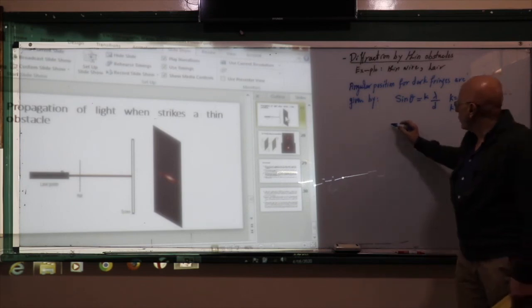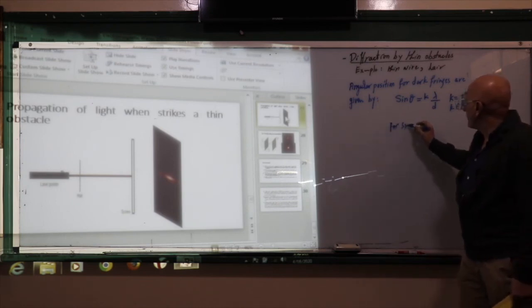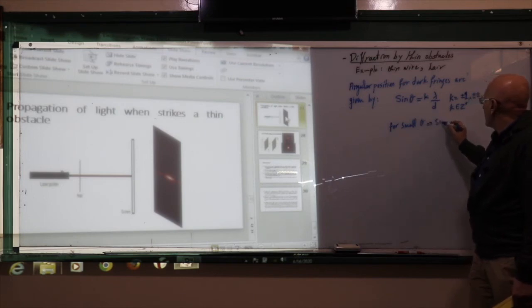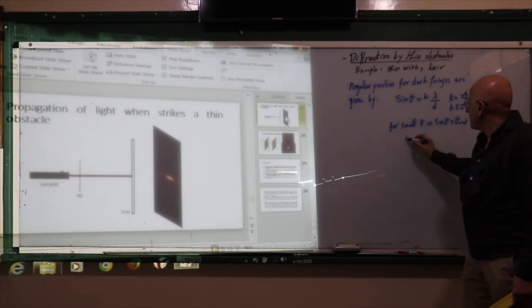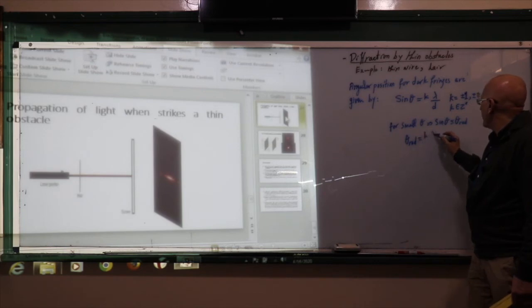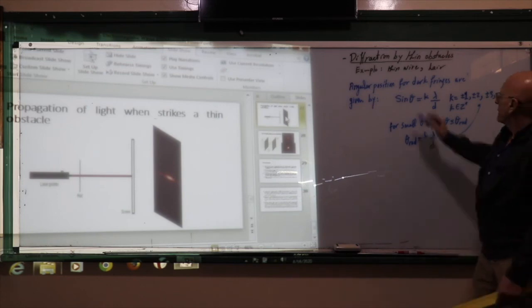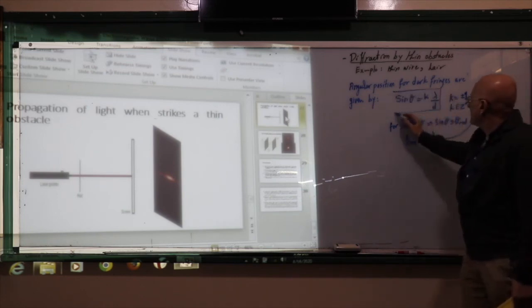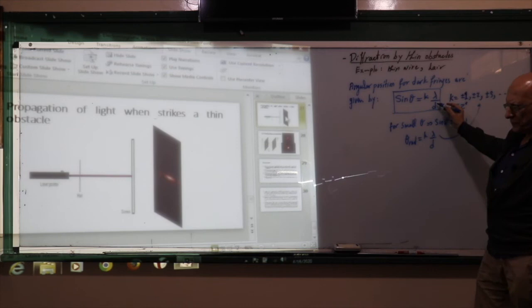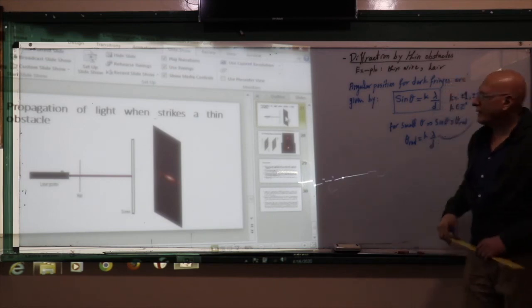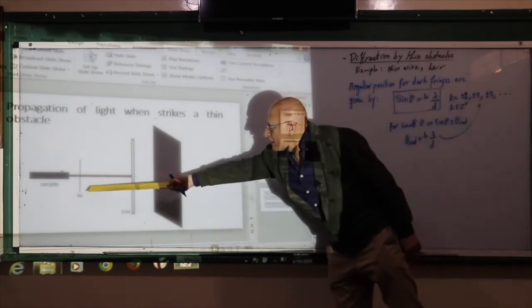Also for a small theta, you can write sine theta is approximately theta in radian, and you get here theta in radian is equal to k lambda over D, where k is the same as this. The difference here, you replace the width of the slit a by the diameter of the hair.